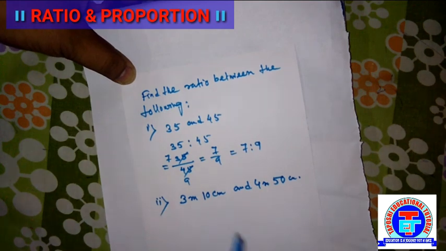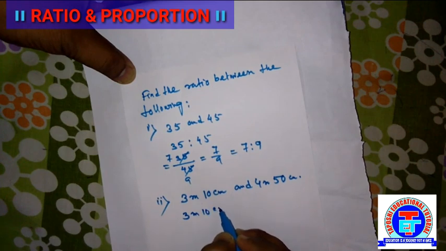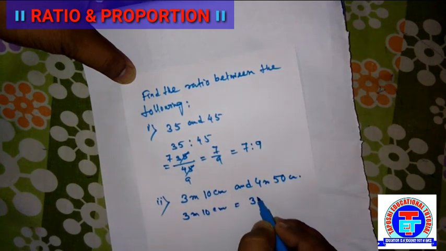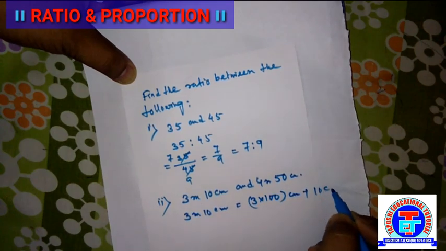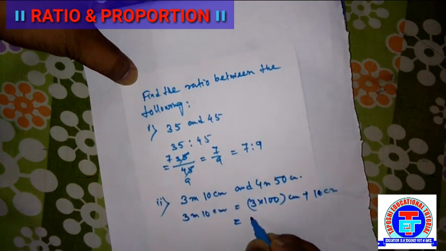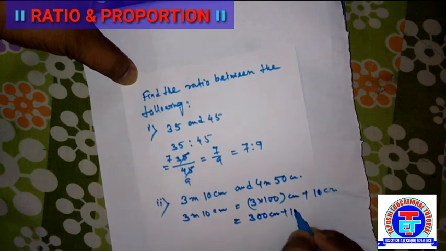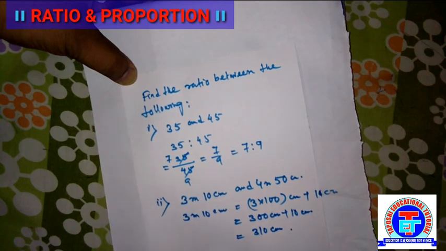So 3 meter 10 centimeter, we write 3 into 100 centimeter plus 10 centimeter, that is 300 centimeter plus 10 centimeter, which is 310 centimeter.